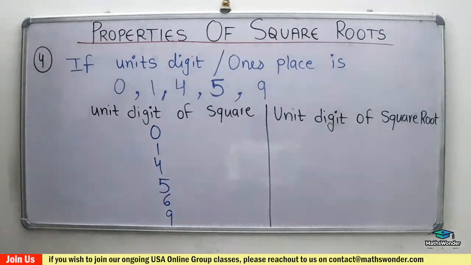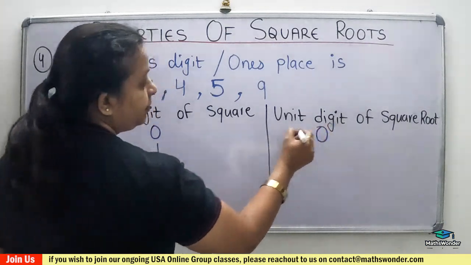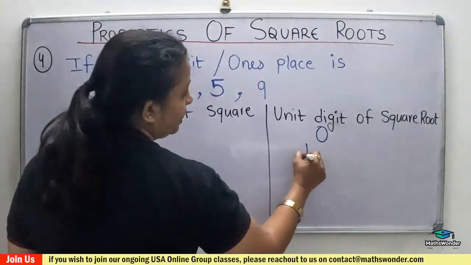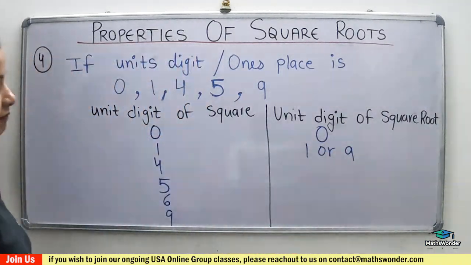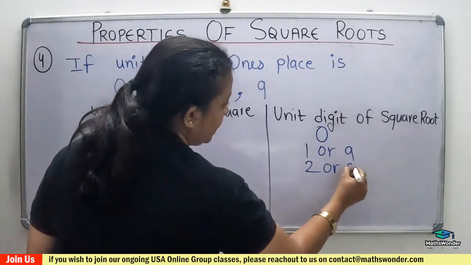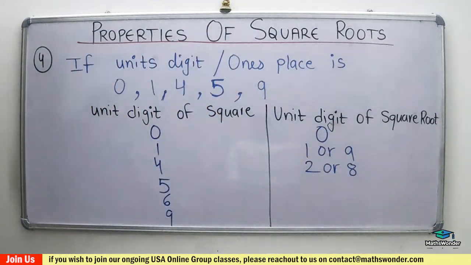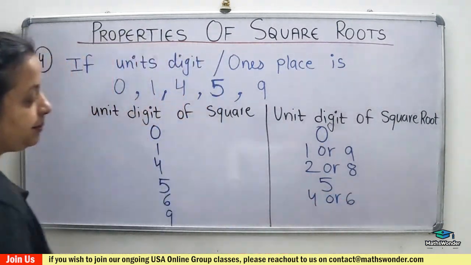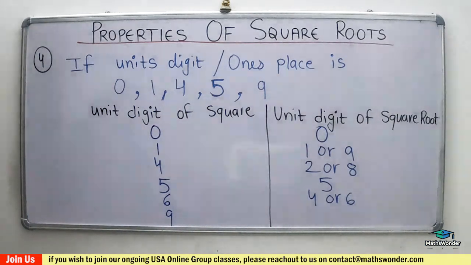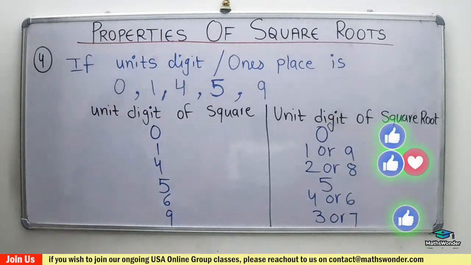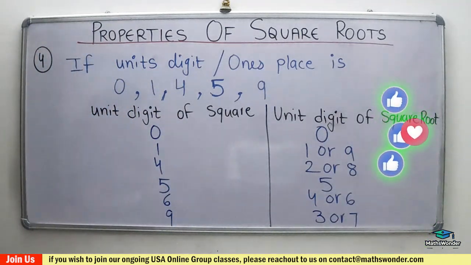Definitely, if the square ends in 0, the square root ends in 0. And 1 comes from 1 or maybe 9. 4 comes from 2 or 8. 5 comes from 5, and 6 comes from 4 or 6, and 9 comes from 3 or 7. So you will get the square root with these numbers.